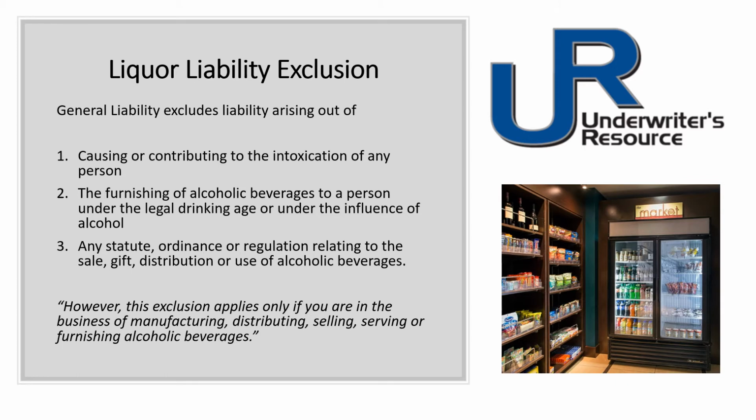Now, if we think about the kiosks, they are definitely selling alcoholic beverages. If you're thinking about the manager's reception, they are furnishing alcoholic beverages. So in all likelihood, the liquor liability exclusion as it stands in the CGL policy will still apply.